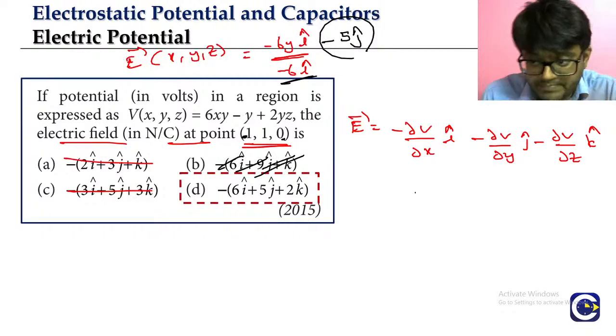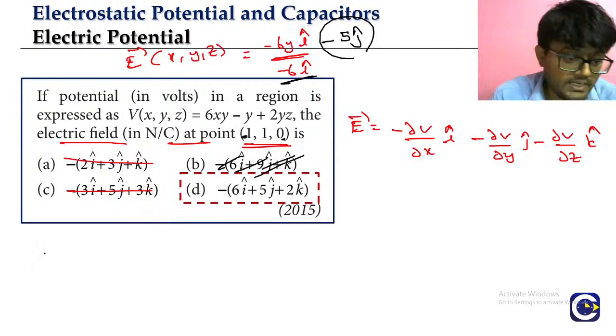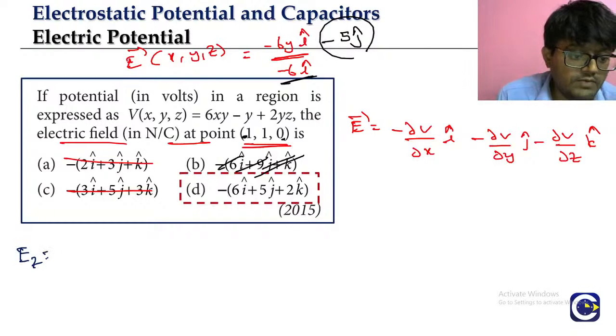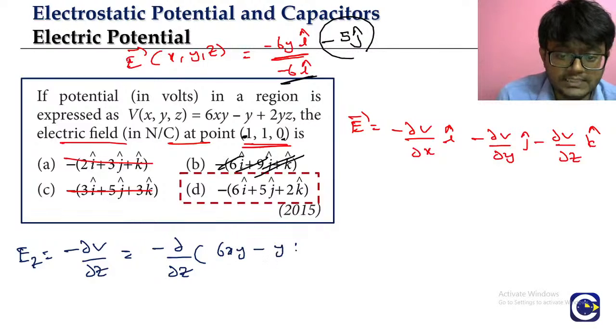But if you are practicing and you want to check the last component also, how will Ez be equal to what? Minus dou V by dou z, which is what? Minus of 6xy minus y plus 2yz.